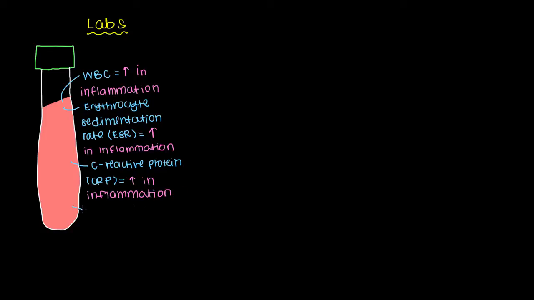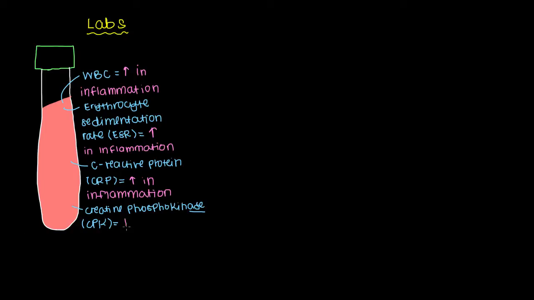We can order what's called a creatine phosphokinase level. So a creatine phosphokinase level, it's an enzyme, right? That's what anything that ends in ASE refers to. Creatine phosphokinase, it's a CPK level. And we're looking to see how much of this enzyme or this protein has leaked into our bloodstream.